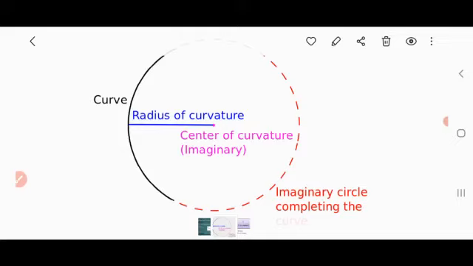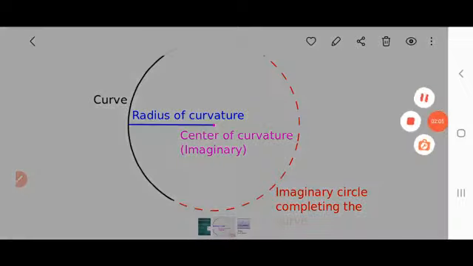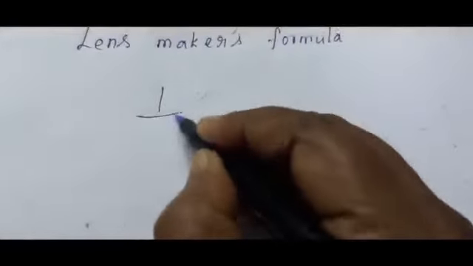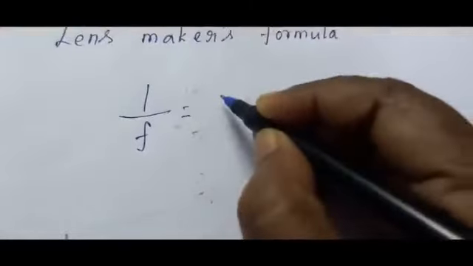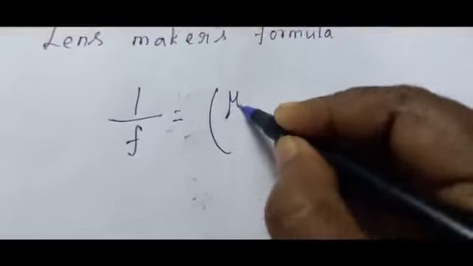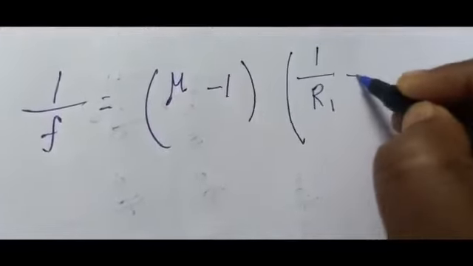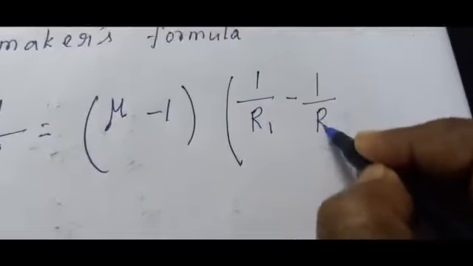The lens maker formula is one such equation, given as 1 by f equal to mu minus 1 into 1 by r1 minus 1 by r2.